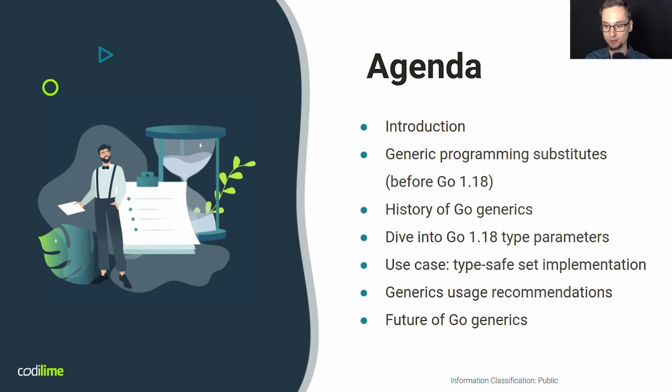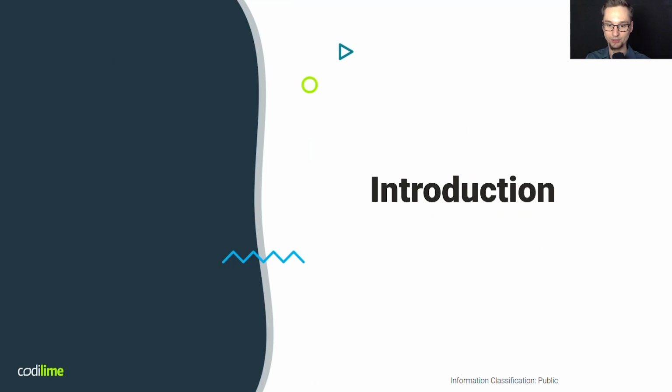Next, I'll talk about the history of generics. Then I'll dive into type parameters design, and I'll present a use case for type parameters. Then I'll talk about research recommendations and the future of Go generics. So let's get started.